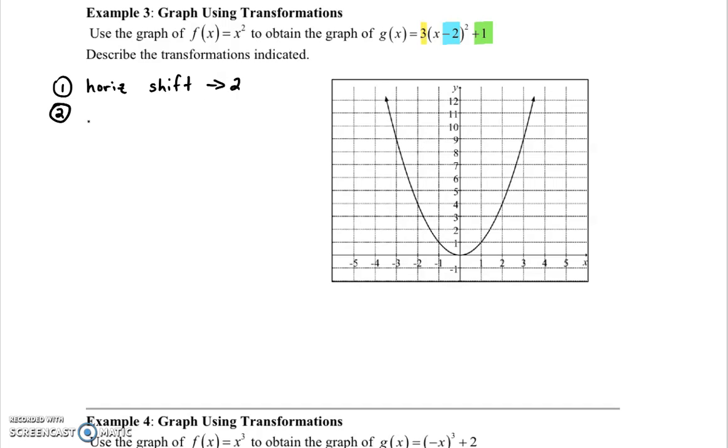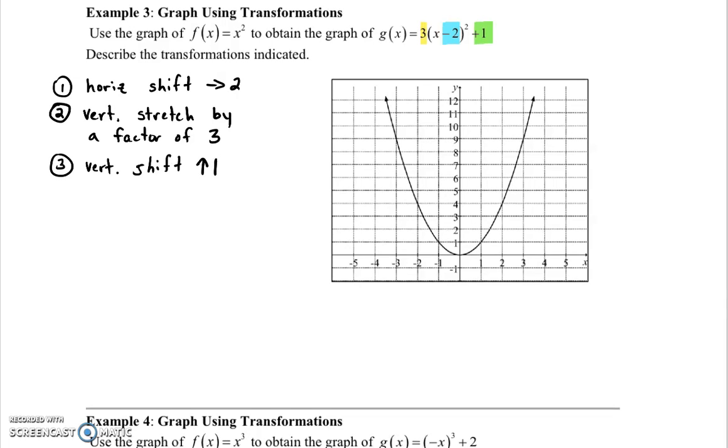The next thing should be a vertical stretch by a factor of 3. And the next thing should be a vertical shift, and this should go up 1.